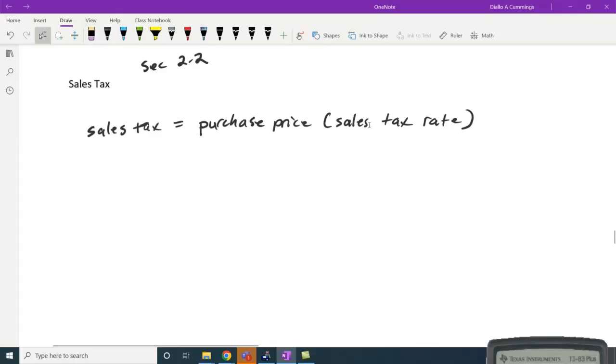The sales tax rate is usually set by the state. So when you go into the gas station, gas is what's called pre-tax. When you pump $10 worth of gas, they don't charge you the sales tax rate on that because that's already included.